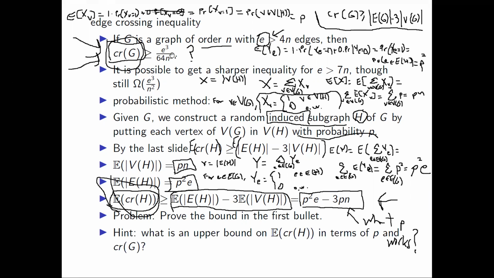So can you use a real similar idea to the idea we used here and the idea we used here? So can you use perhaps some indicator random variables in a specific plane drawing? So you can take some plane drawing, a special plane drawing. You're going to want to pick the right one. And you might want to take some indicator random variables for some certain crossings in that drawing.